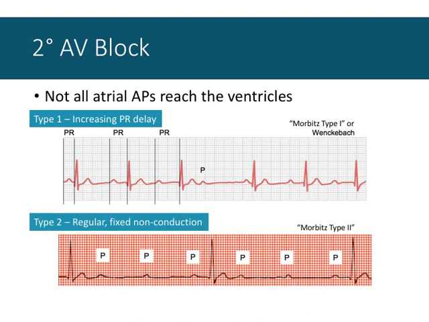The second type is not increasing delay resulting in non-conduction. This is simply fixed non-conduction. There's always some signals that don't get through, and in this example, the majority of signals, perhaps 2 out of 3 signals, are not transmitted through the AV node.